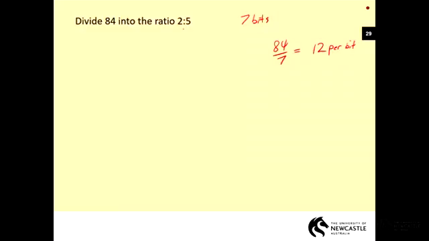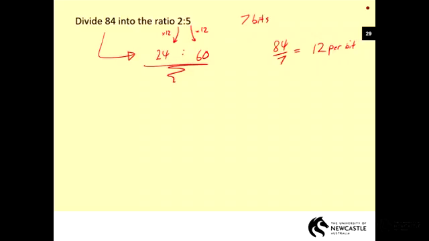So again, it's 2 lots of 12 goes here. It's 5 lots of 12 is 60. So the answer I'm claiming, 84 divided in the ratio 2 to 5 is 24 to 60. They add up to 84, they're in the ratio 2 to 5. That's answered. I don't need to specify any part of it. Divide that in the ratio, 24 to 60 is my answer.